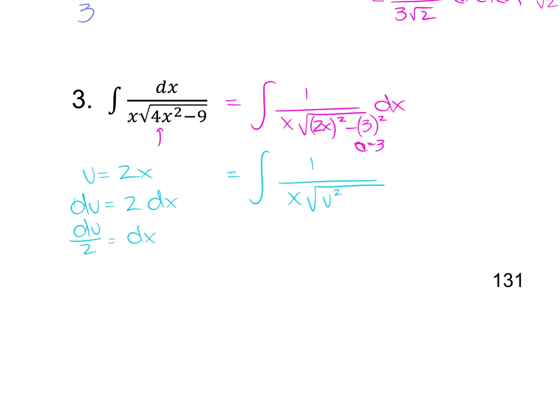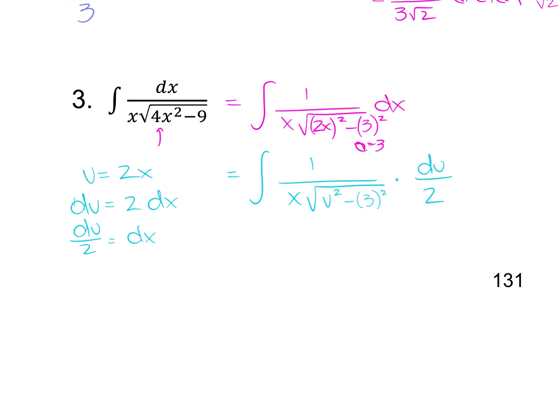U squared minus 3 squared. And in place of dx, I have du over 2. Can I integrate this the way it is now? No, I still have an x, right? So what do we usually do with that? Yeah, we go back to our u and see if we can find it.